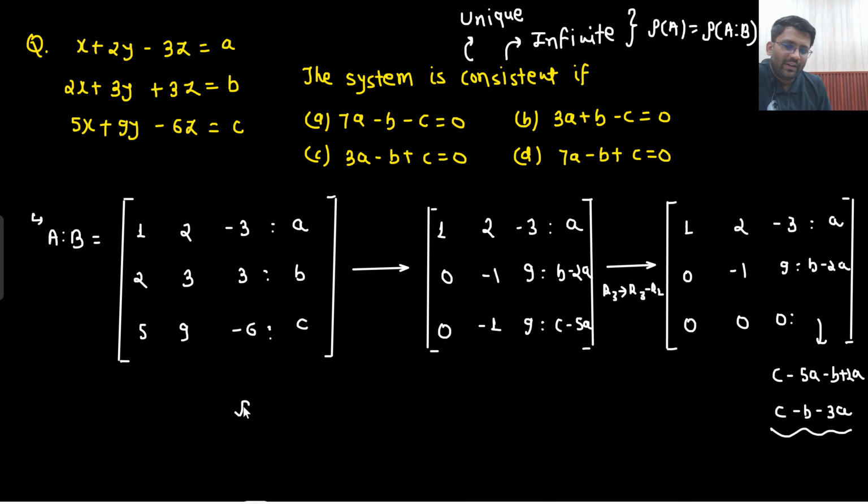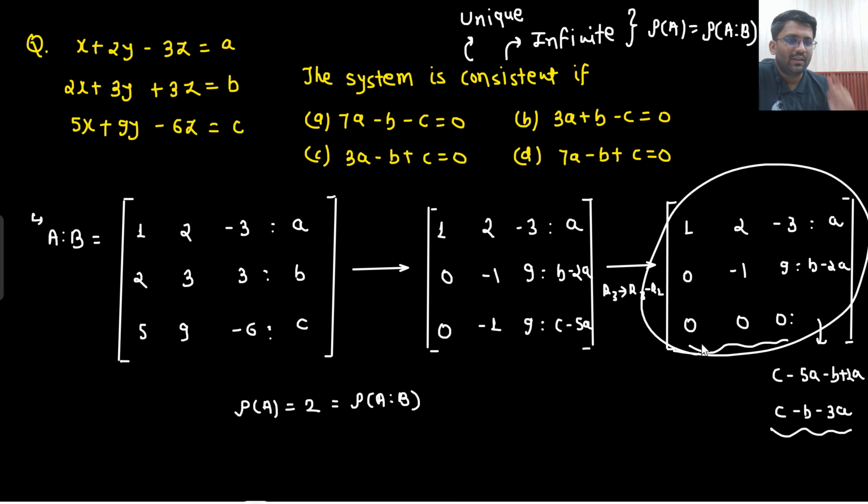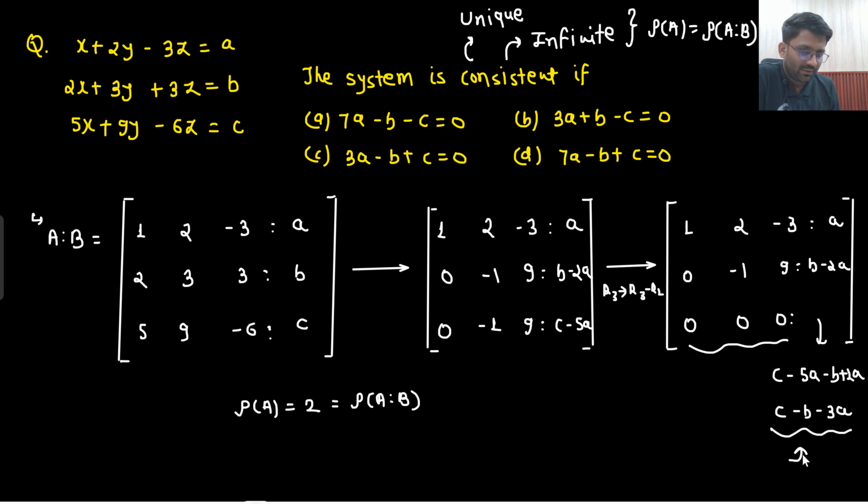What is the rank of A? Already we know that the rank of A is 2. What does that mean? I want the rank of A augmented B to be 2 as well. You want the rank of A augmented B to be 2 only. So this value should be 0.